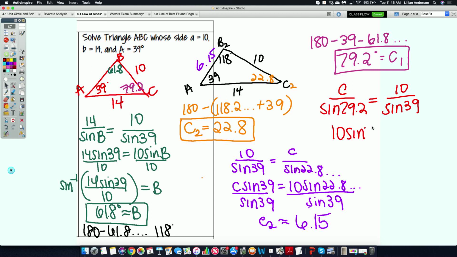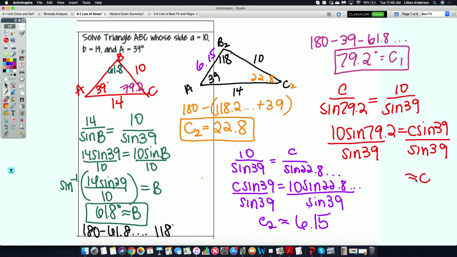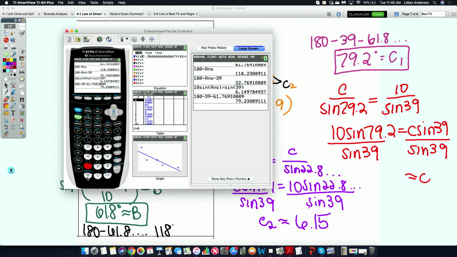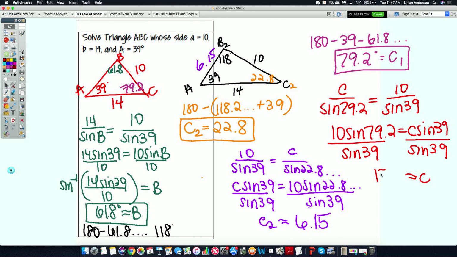That's 10 sine 79.2 equals C sine of 39. Then I divide both sides by the sine of 39 to find side C. And that's what I type into my calculator: 10 sine, that answer I just got, divided by the sine of 39 degrees. And side C for my first triangle is 15.6.